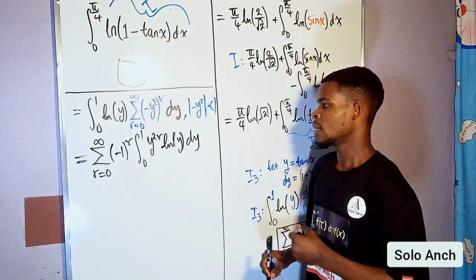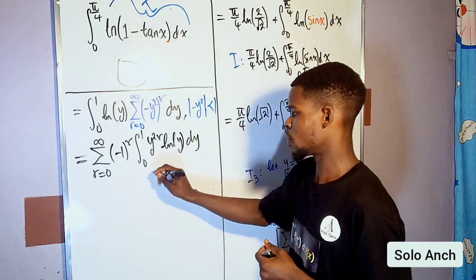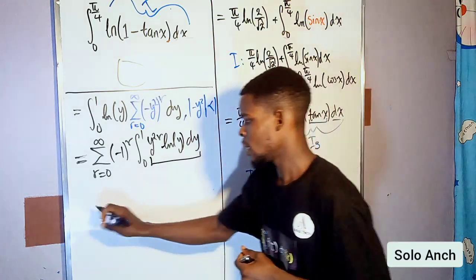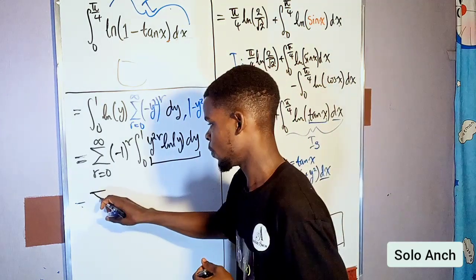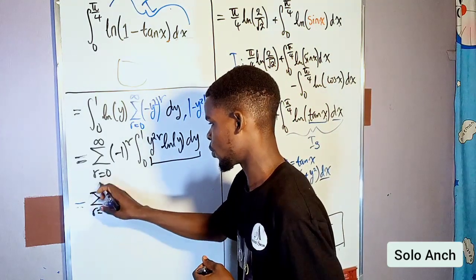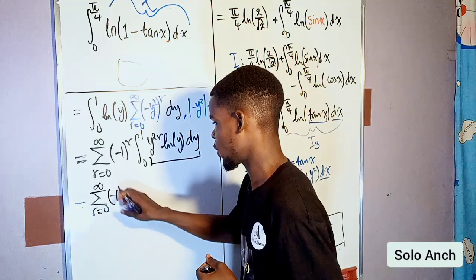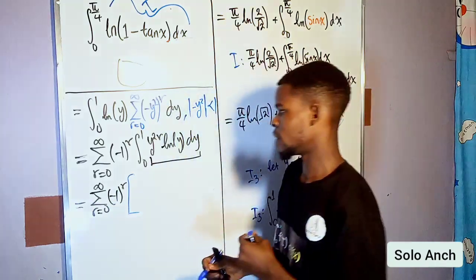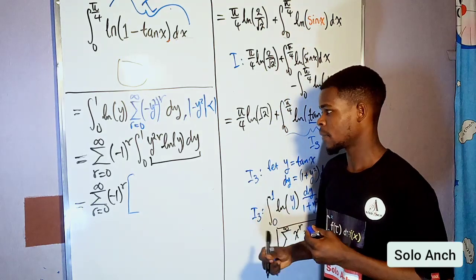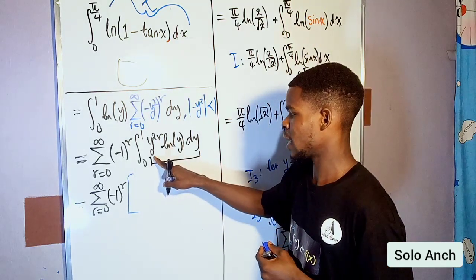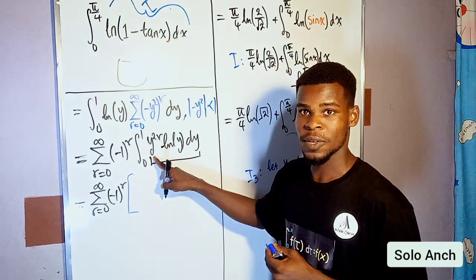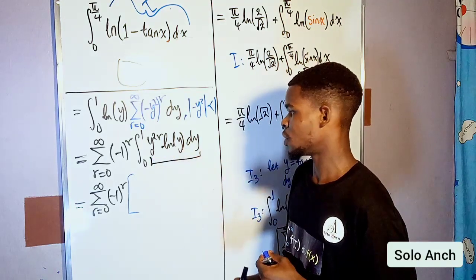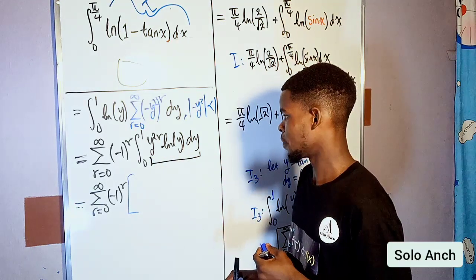Okay, great. Now we're going to apply integration by parts on this. So this will give us the sum as r starts from 0 up to infinity of negative 1 raised to the power of r. Okay, so let's use the integration by parts on that to see what we get. By integration by parts, I'm going to integrate y raised to the power of 2r, and I'm going to differentiate the natural logarithm of y.